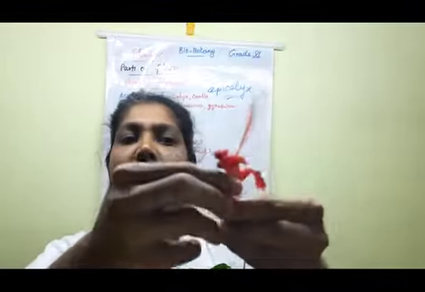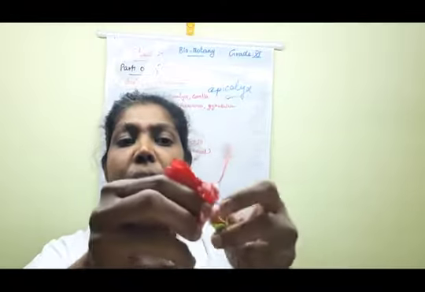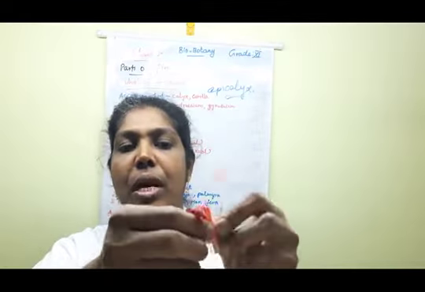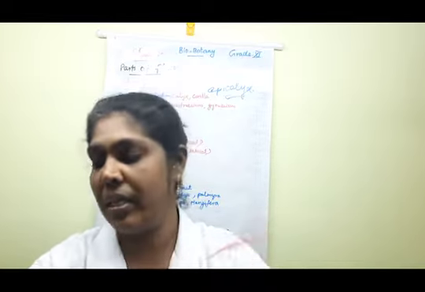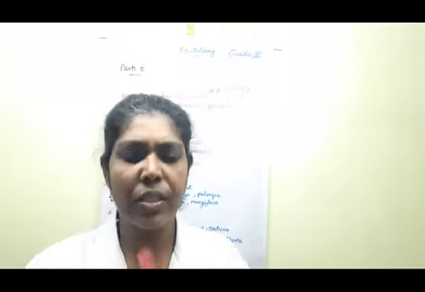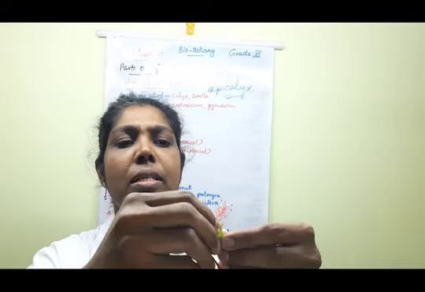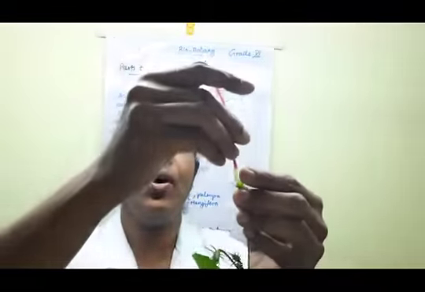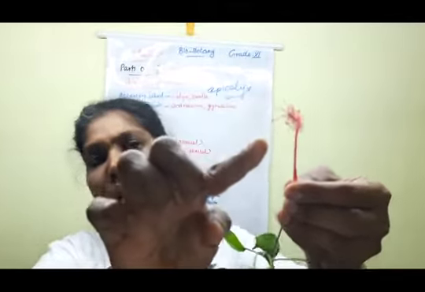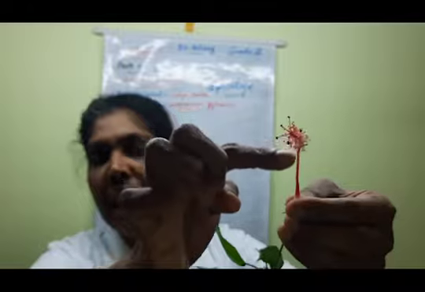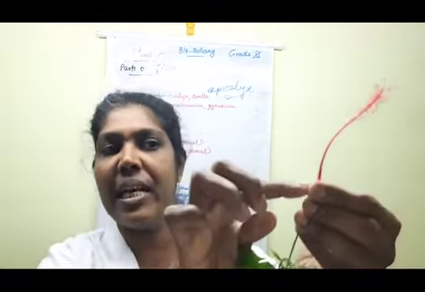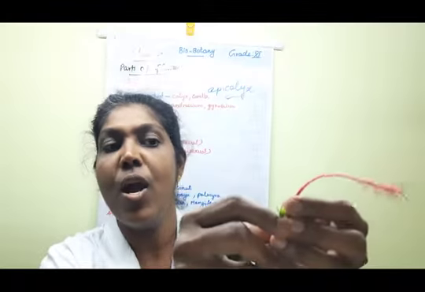So all these items are there in the flower. First is the stigma. Inside that is a long white colored style. Then the basal region, where the ovary is present. So this is the ovary part.